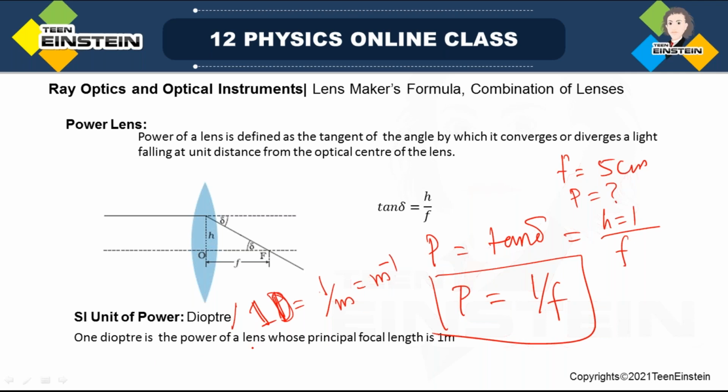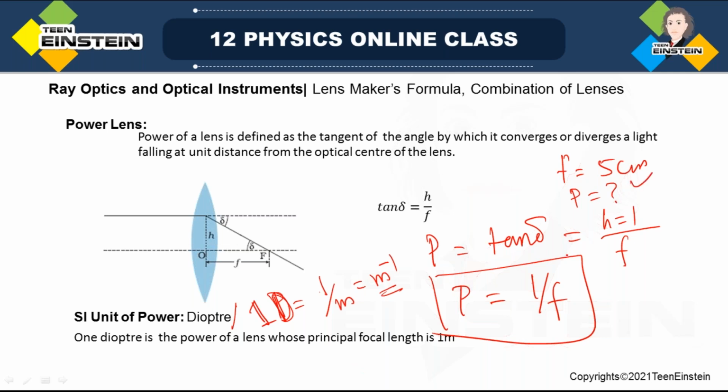Diopter is the power of a lens whose principal focal length is 1 meter. One diopter is the power of a lens whose principal focal length is 1 meter. So meter inverse is called 1 diopter.